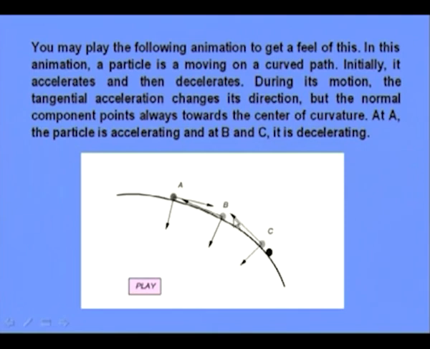At point B, the particle decelerates, that means its speed starts decreasing. Therefore, the tangential component is along this direction. However, the normal component is still towards the center of curvature. At point C, also the normal component is towards the center of curvature. However, the tangential component is along the opposite direction.